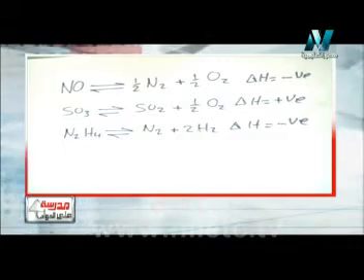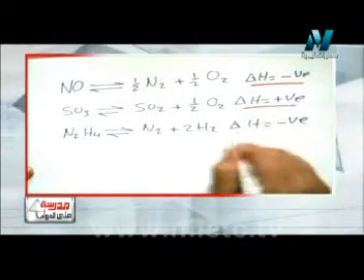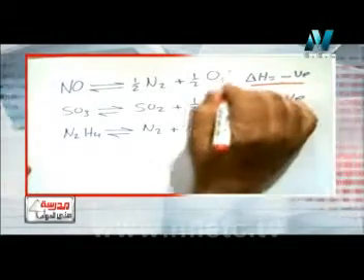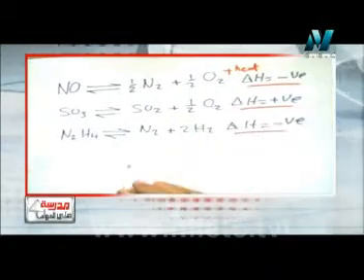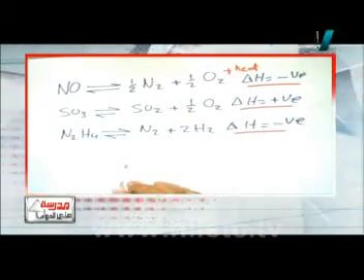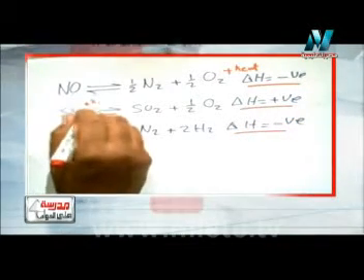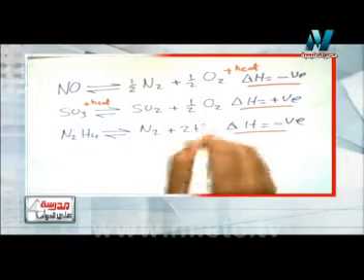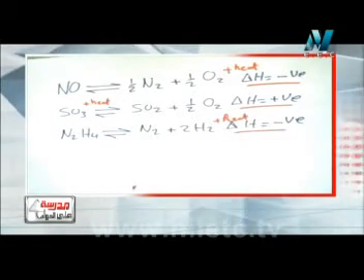It is very important to know the delta H. Delta H negative means the reaction is exothermic, so the heat is in the products. Delta H positive means endothermic, so the heat is in the reactants. This is the difference between delta H positive and negative.